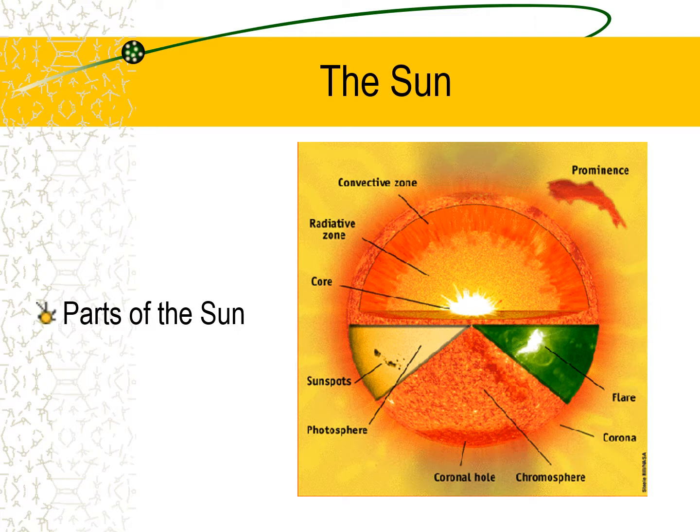Above the photosphere, we have the lower, cooler atmosphere, which we call the chromosphere. The sun is surrounded by its upper atmosphere, which is called the corona. We can also see flares and prominences form from the surface of the sun.